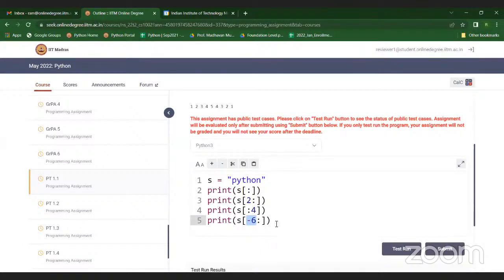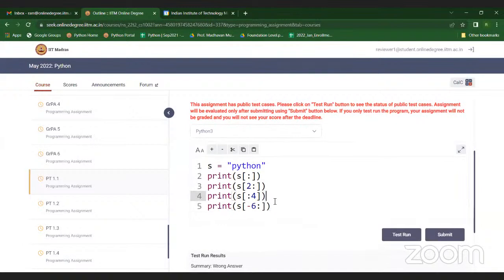Sir, I have a doubt. When we are giving a negative index, we are including the end point. But if we are giving a positive index, why is it not including the end letter? Even while using positive indices, you can include the end part.